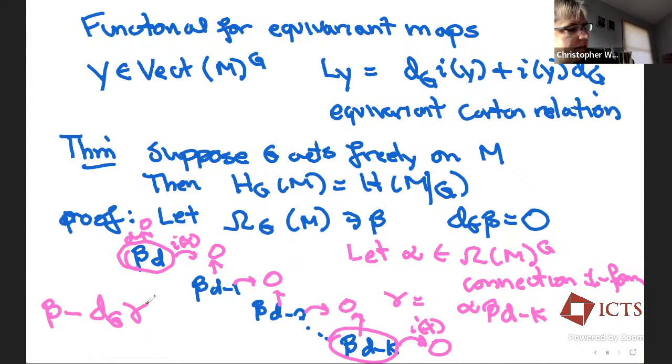And the point is that i_X applied to gamma, because the beta d minus k goes to 0 under i_X, I just get the contraction of the first part. And because it's a connection 1-form, this is just 1.